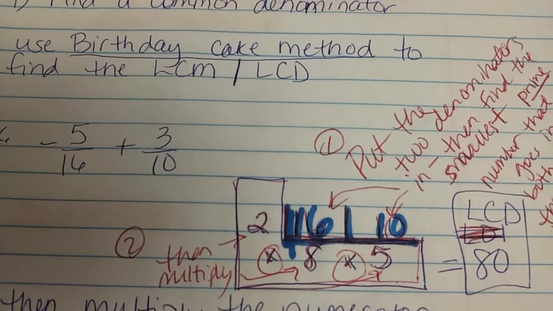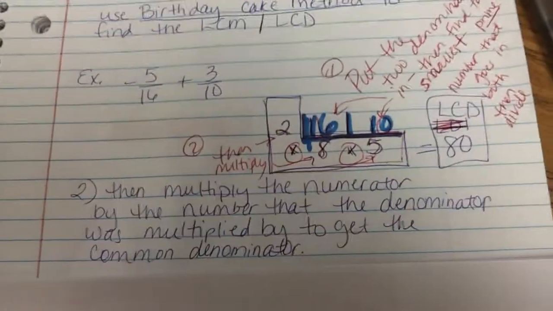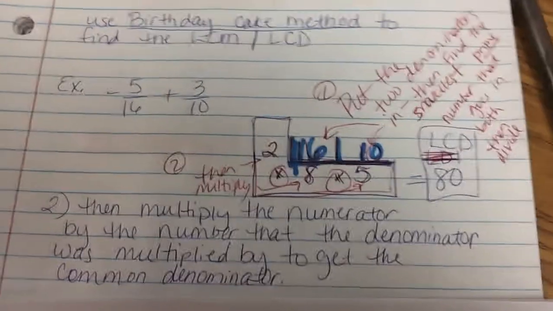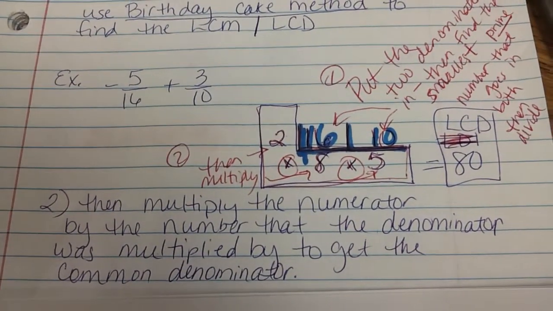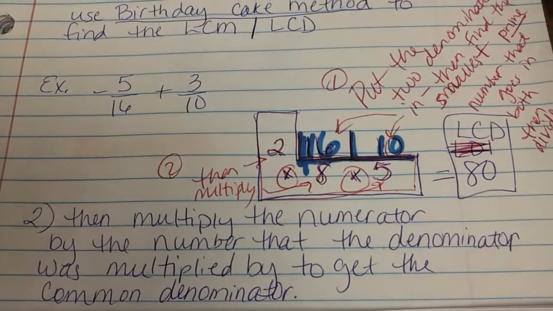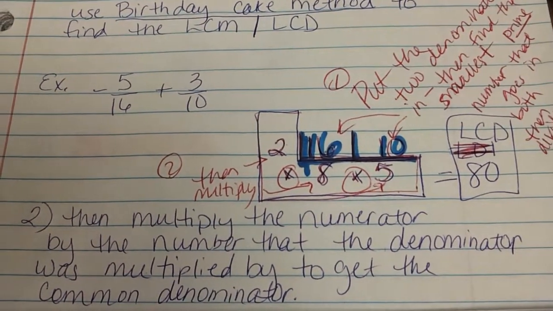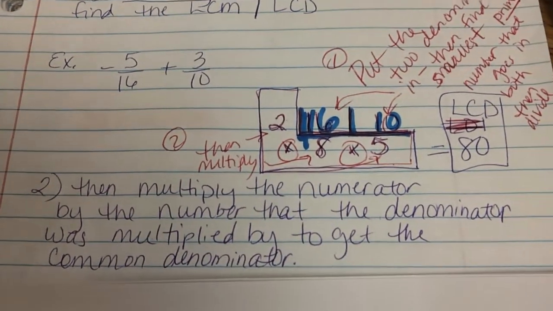Alright, step 2. Step 2 is we're then going to multiply the numerator by the same number that the denominator was multiplied by to get the common denominator. Those are a lot of words, I know.